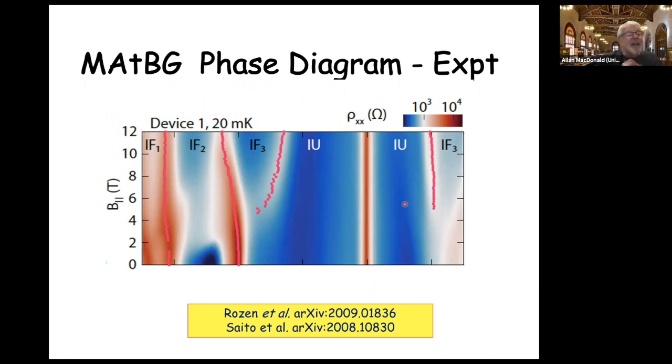And the same kinds of things should be expected to occur in this system, in this region between what I'm showing here, between neutrality and filling factor near -2.